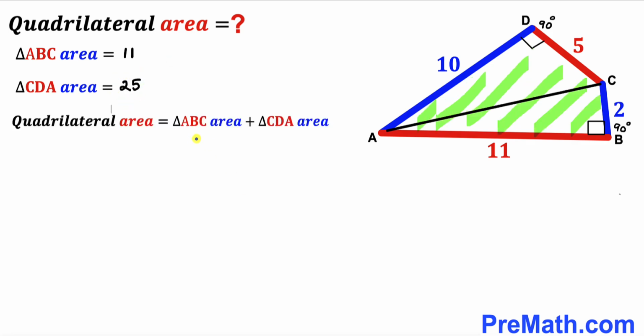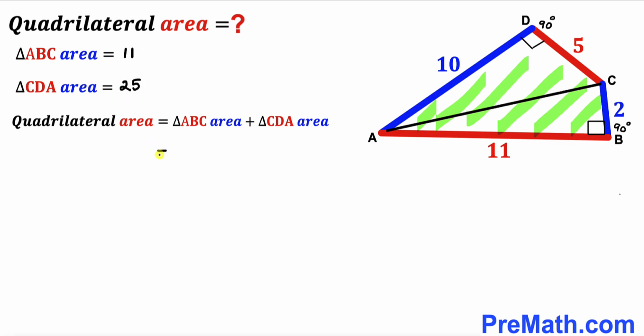And here's our final step. Now we are going to calculate the area of this whole quadrilateral ABCD. Let's recall this equation once again. The quadrilateral area is equal to the area of the triangle ABC plus the area of the other triangle CDA. We already figured out both areas. Let's fill in the blanks.